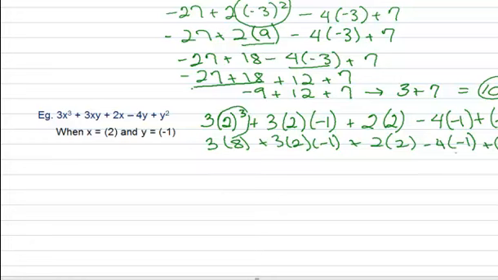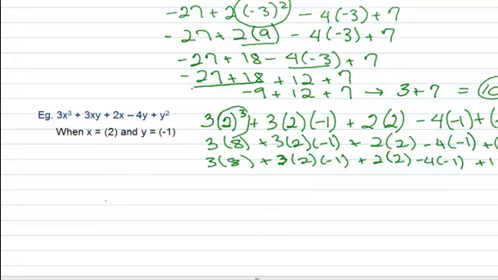And now I'm going to do this exponent here on the end. So again, I'm bringing everything else down. Negative 1 squared is positive 1.